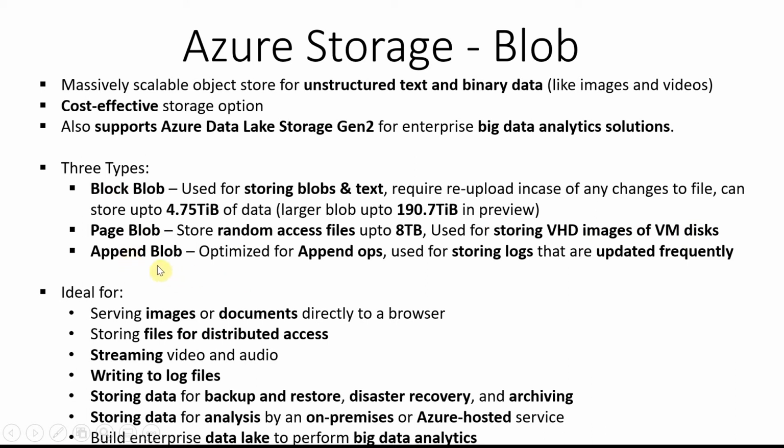The append blob is optimized for storing logs, because from the name append, it is like updating files at the end. This is the primary use case for storing logs. So there's a subcategory in this which is not there in S3, for example. These are very specific to Azure blob storage.